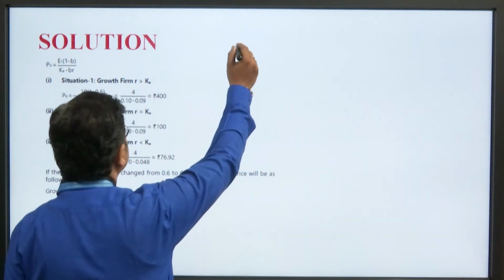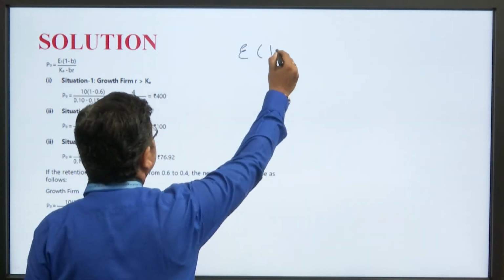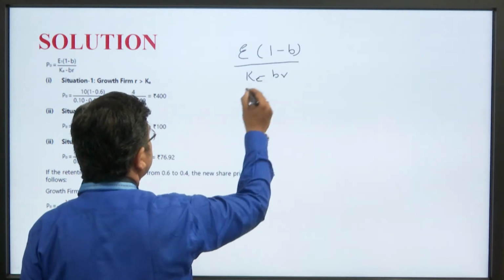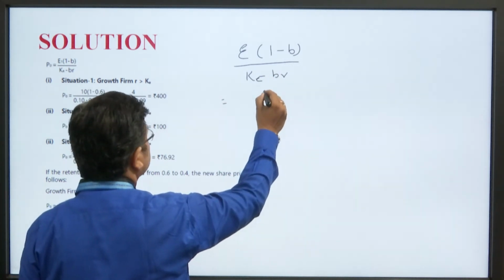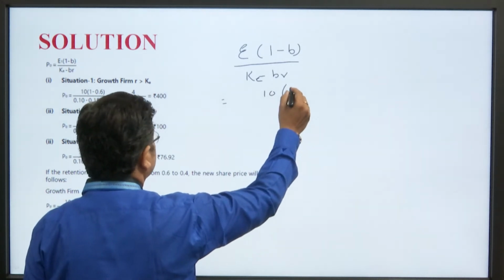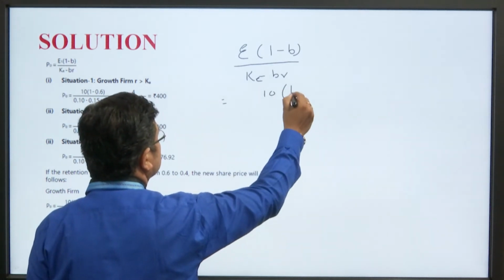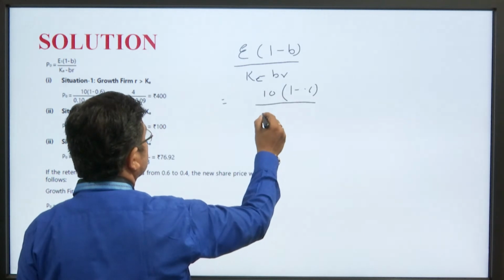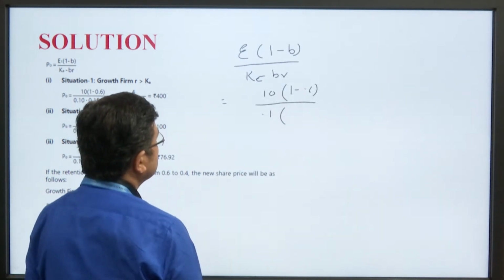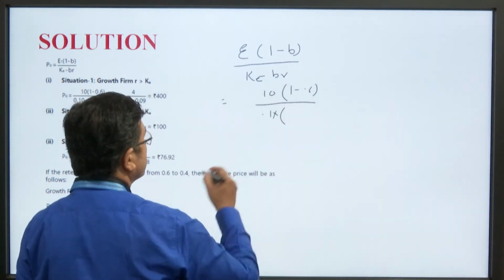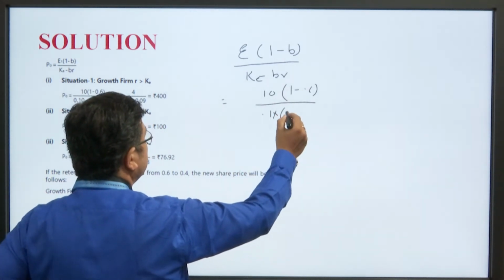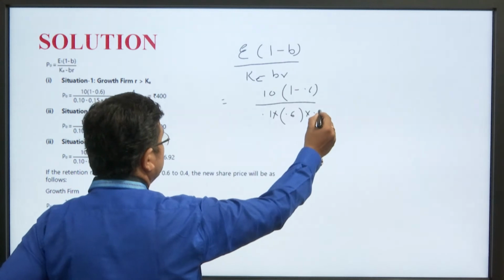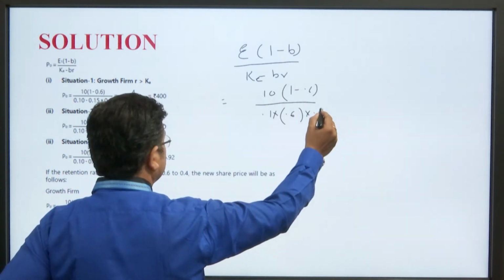So, our question is E into 1 minus B over K minus B R, E is 10, K is 10 multiply by B R. So, B is 0.6 and R is 0.08.